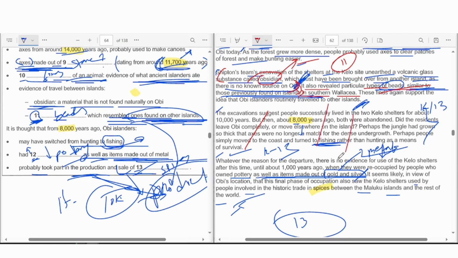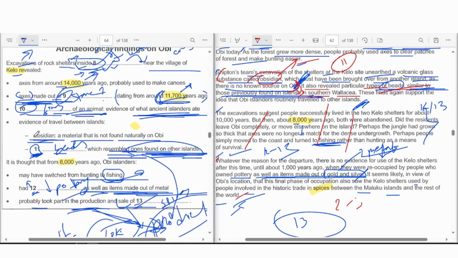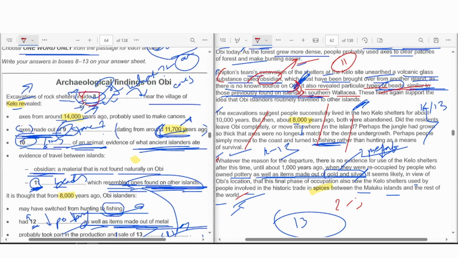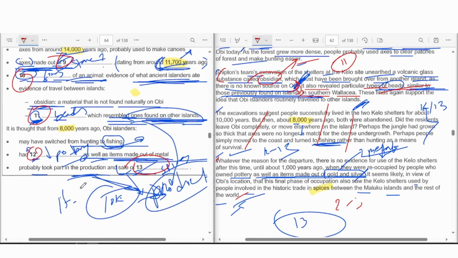We start reading from here to here, so here we read like two to three sentences. Ultimately, to solve six questions, you didn't even read six sentences, and you can get all correct.